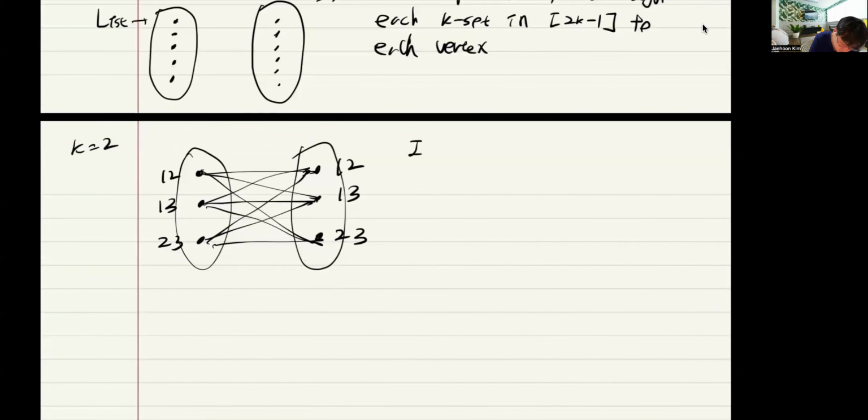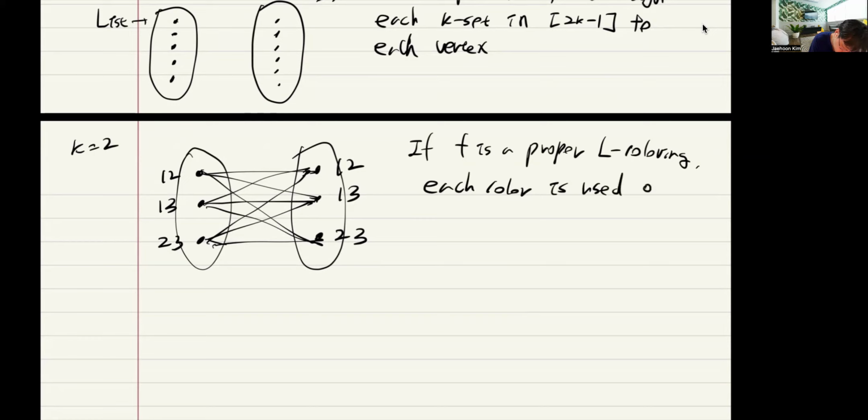If f is a proper L-coloring, then what happens? It's a proper coloring from the list. And this is a complete bipartite graph, so each color is used on only one part.